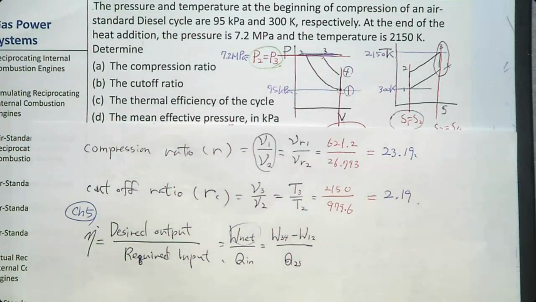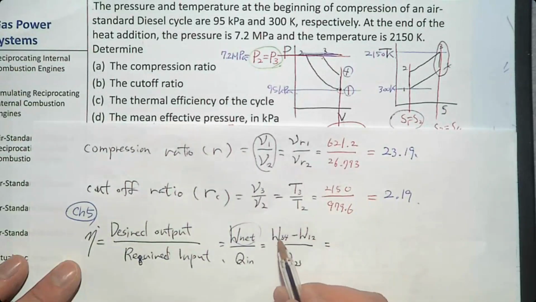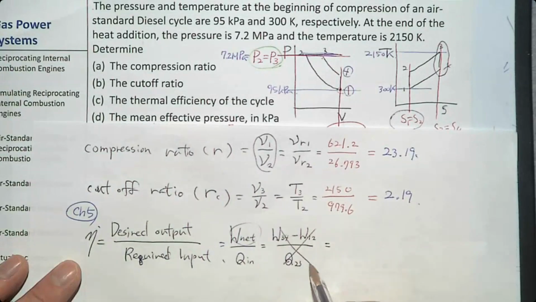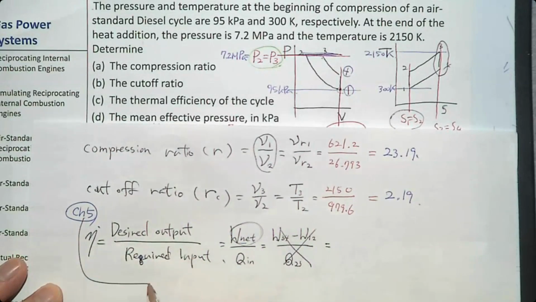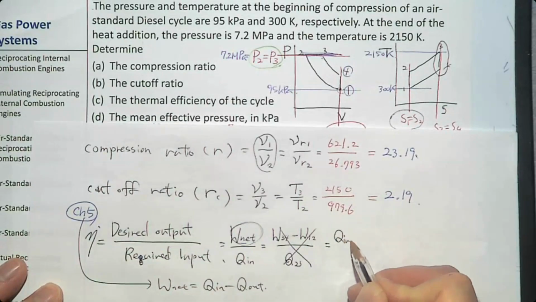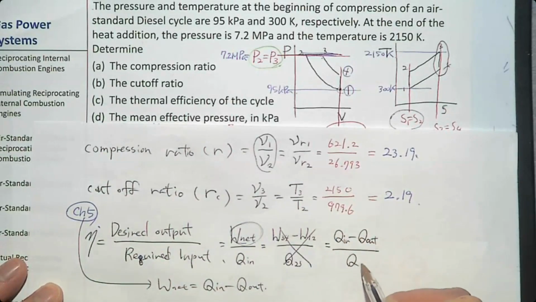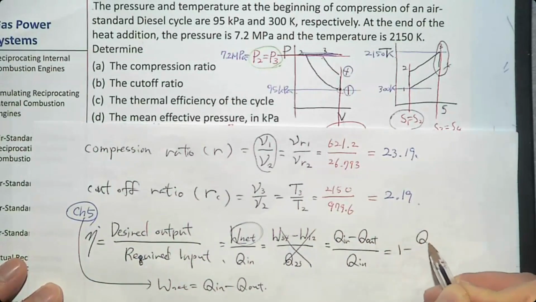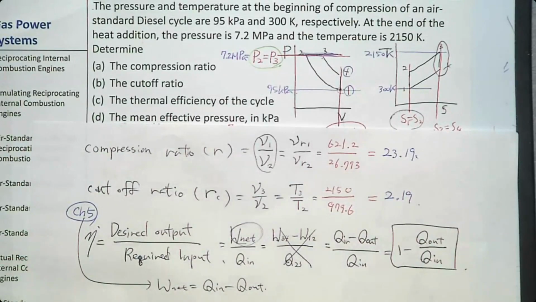You can also simplify this equation by this way. Since we have to calculate 3 of them, you can also do this way. W net, according to chapter 5, W net is Q in minus Q out. So this can be rewritten as Q in minus Q out divided by Q in, which means 1 minus Q out over Q in, which could be simpler than this one. So in that case, where is heat transfer out between 4 to 1, and where is the heat transfer in between 2 and 3?